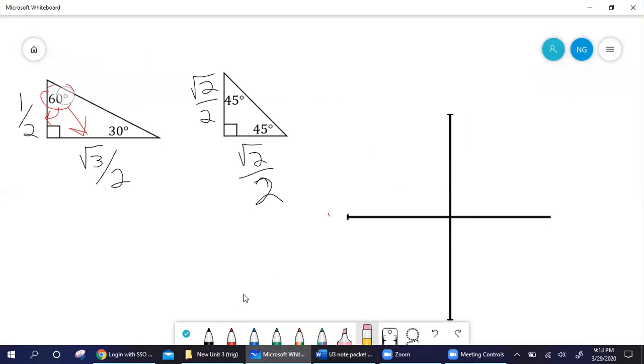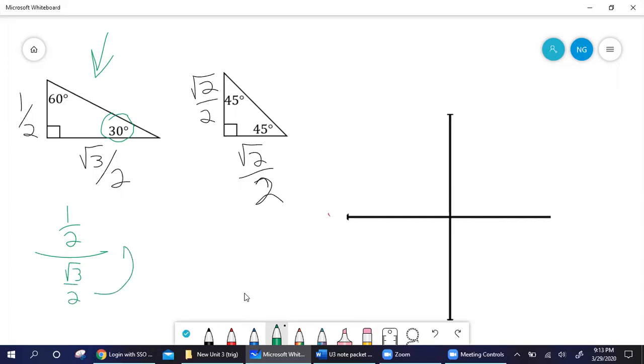Well, going back to my two special right triangles, if there's a root 3 in my answer, I know I've got to be dealing with the 30, 60, 90. The question is, would I be going from the 60 and doing opposite over adjacent, or the 30? This one turns out it's the 30. If I do tangent of 30, opposite is 1/2. Adjacent is root 3 over 2.